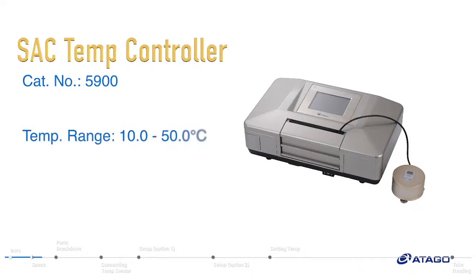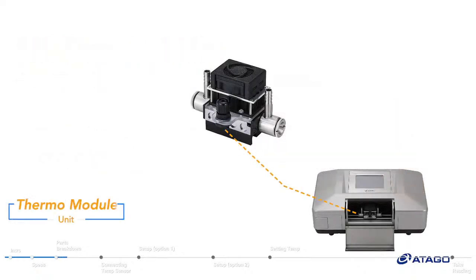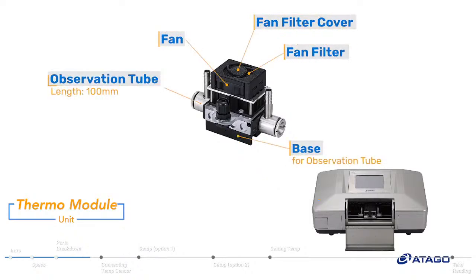Okay, temperature controller, the catalog number is 5900. Temperature range is from 10 to 50, and temperature accuracy is 0.2. It looks like a big device, but in a bit you're going to see it's very small. I just wanted to give you the different parts to it.